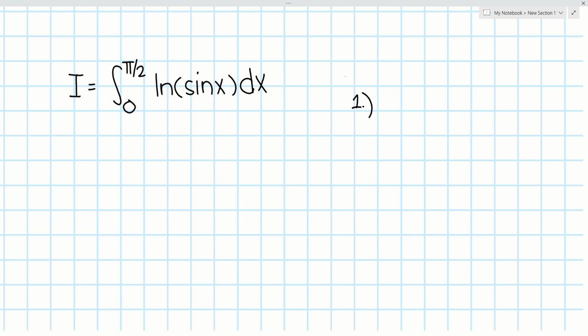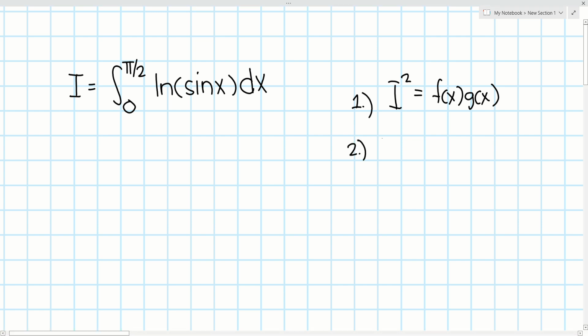Another thing is you could multiply your integral by something that is symmetric to it, so you have f of x, g of x. If that multiplication is beneficial in evaluating this integral, then that could be a technique.